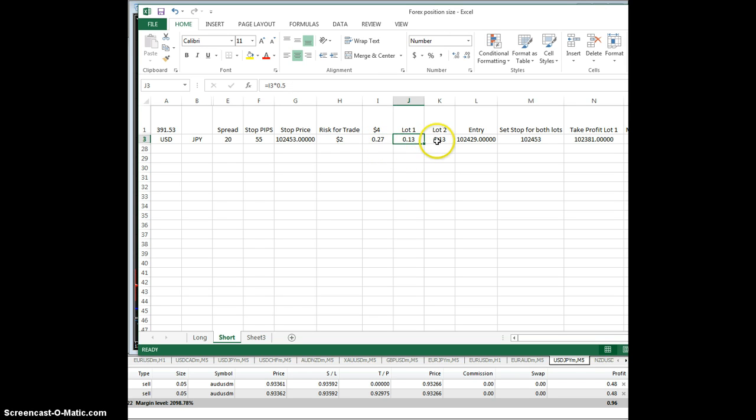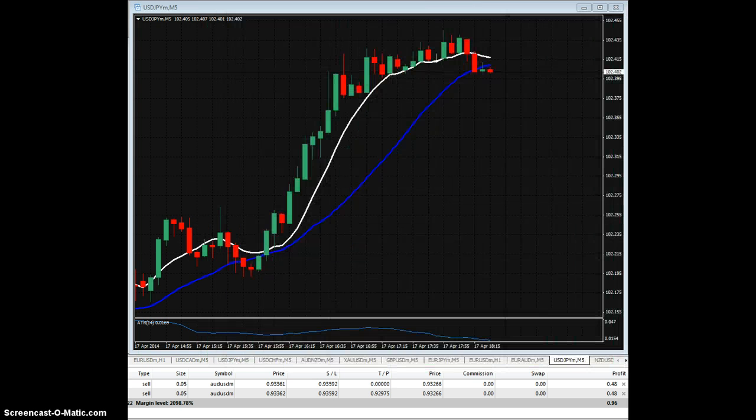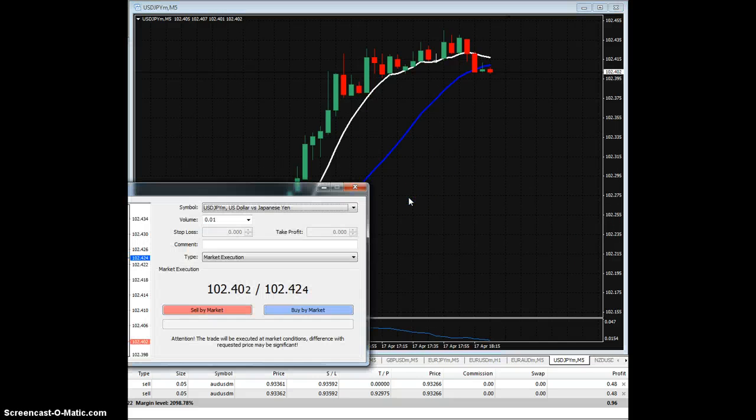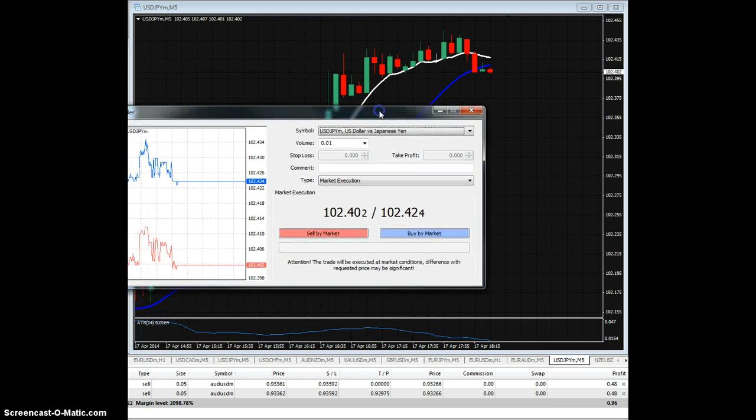I'm going to do that into two different cells, which is 13 and 13. I don't know my entry yet, so I've got to take that out. But let me set this aside now, and let me go ahead and put in the orders. So this comes up, and it was 13 and 13.